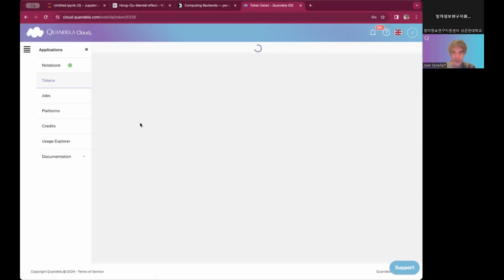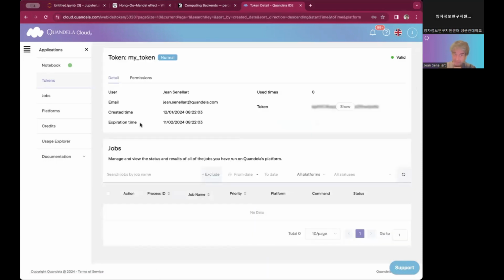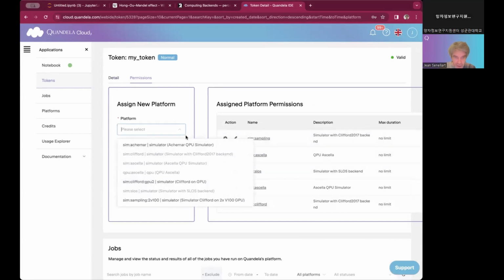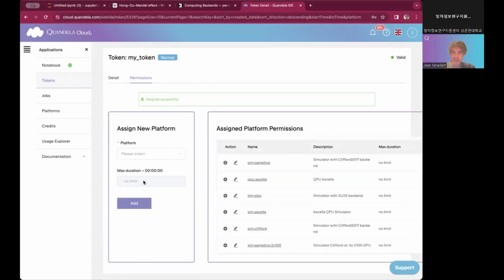You need to modify your token, so click on your token and check that you have all the permissions you want. My token by default has the permission for all the different platforms. You should not keep that, so I should add the simulator called 2v100 to the permissions of my token.